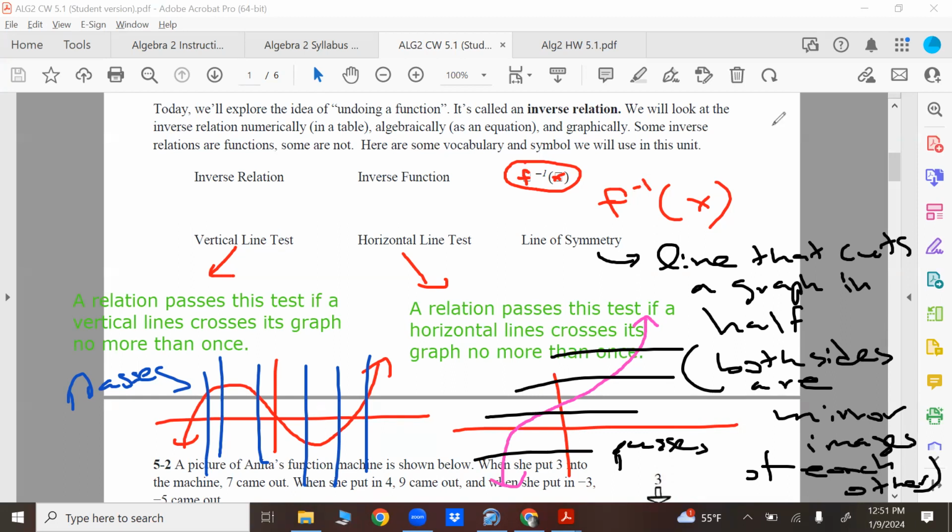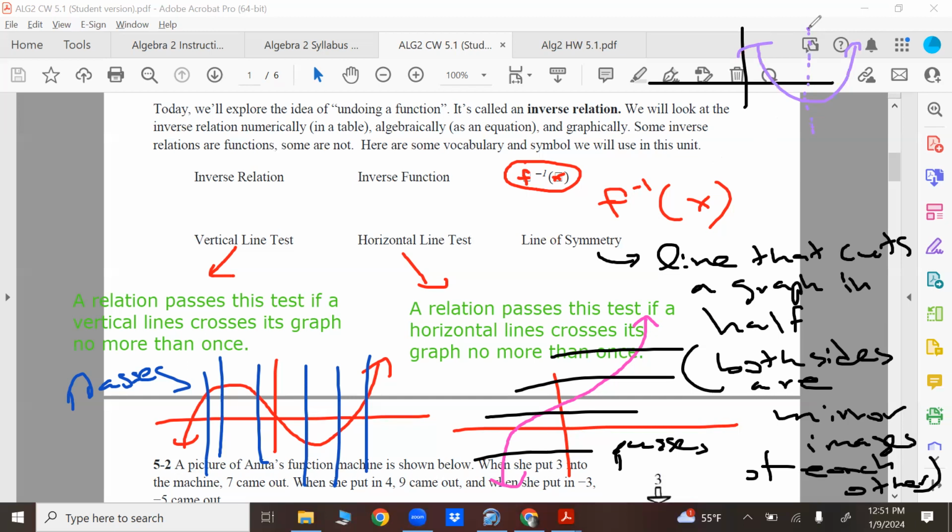You guys have seen that before, right? Like if I have a parabola, if I drew a dashed line like this, you see how that dashed line cuts that graph in half, right? And if I were to fold the graph along the dashed line, the left and right side are mirror images of each other, right? So that's what line symmetry means.